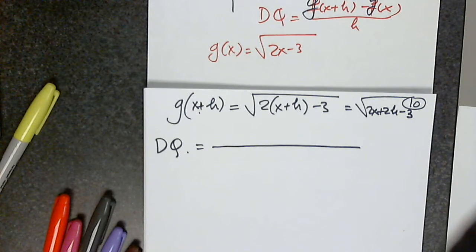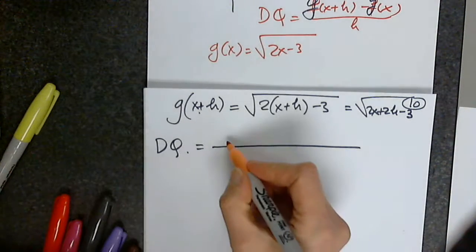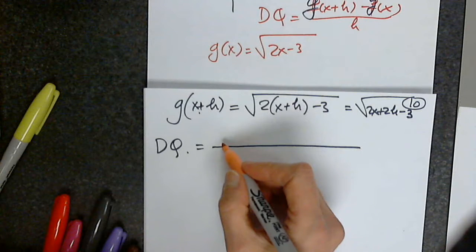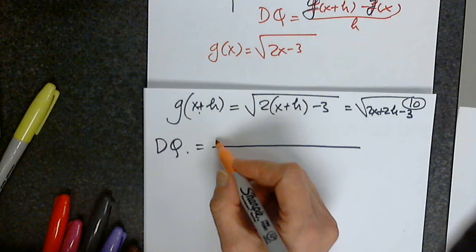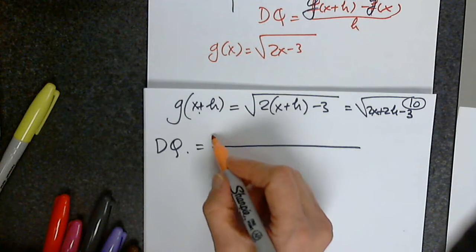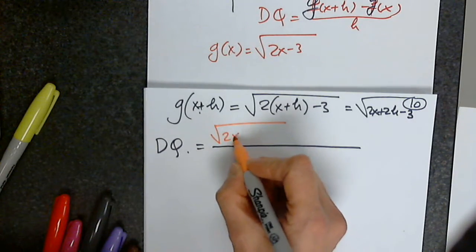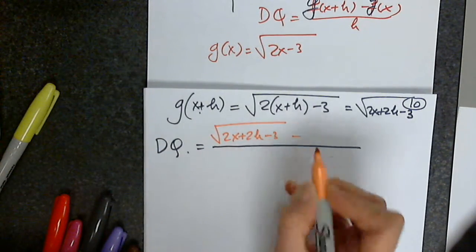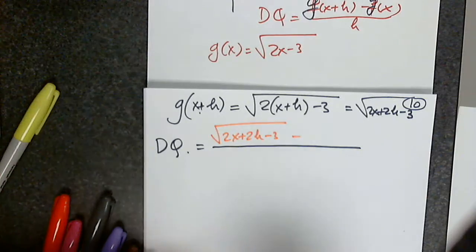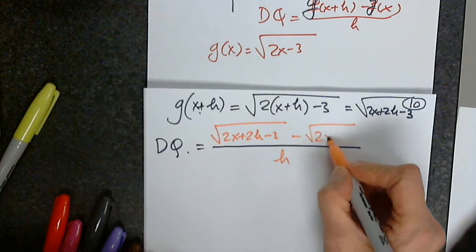Can anyone dictate the difference quotient for us? Square root of 2x plus 2h minus 3. Good. Minus the square root of 2x minus 3.